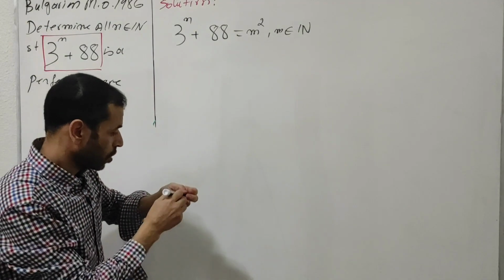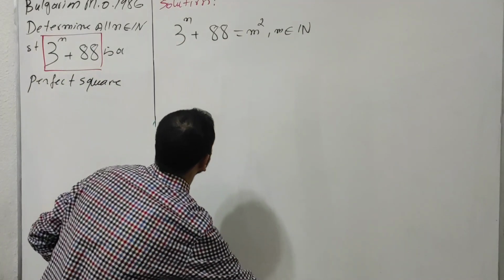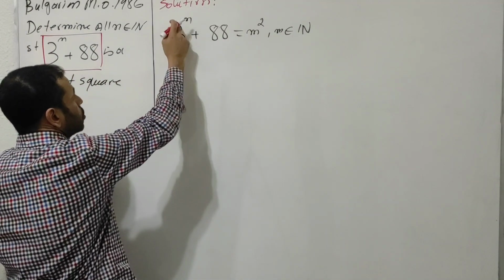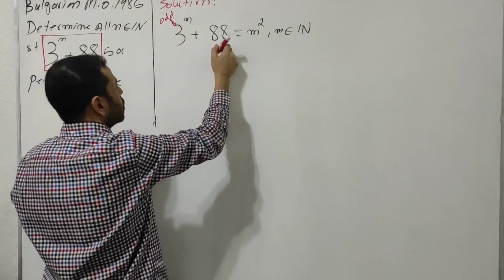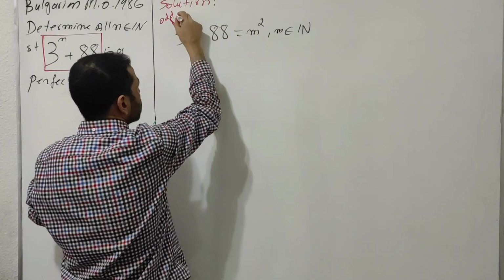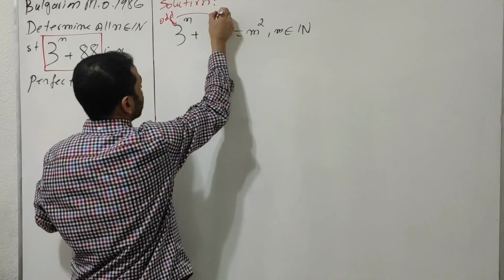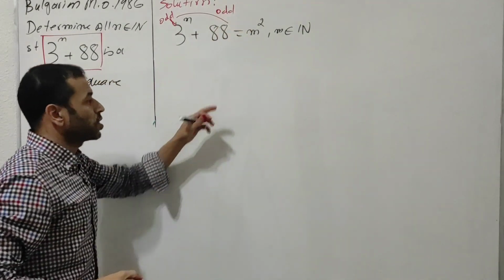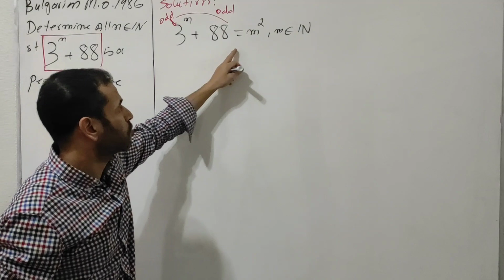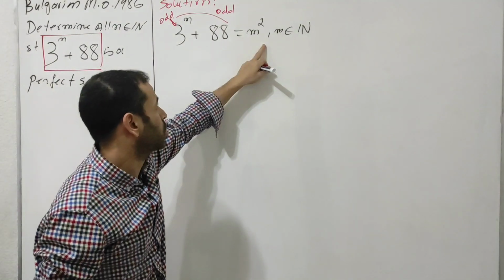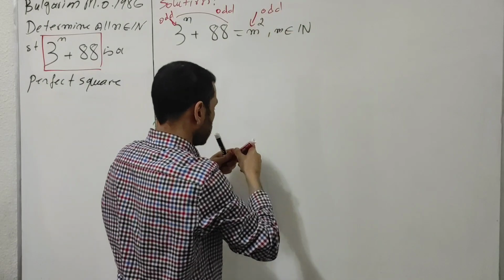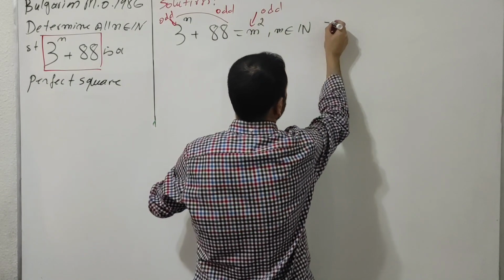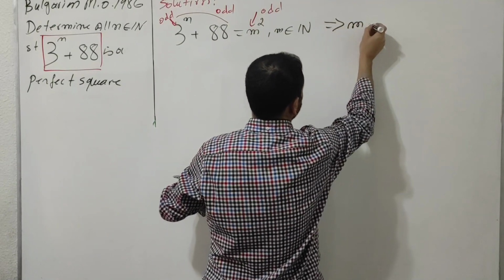If you take a look carefully, 3 to the n is odd, 88 is even. That means the left hand side of this equation is odd. Since the left hand side is odd, the right hand side is odd as well, which implies m must be odd.